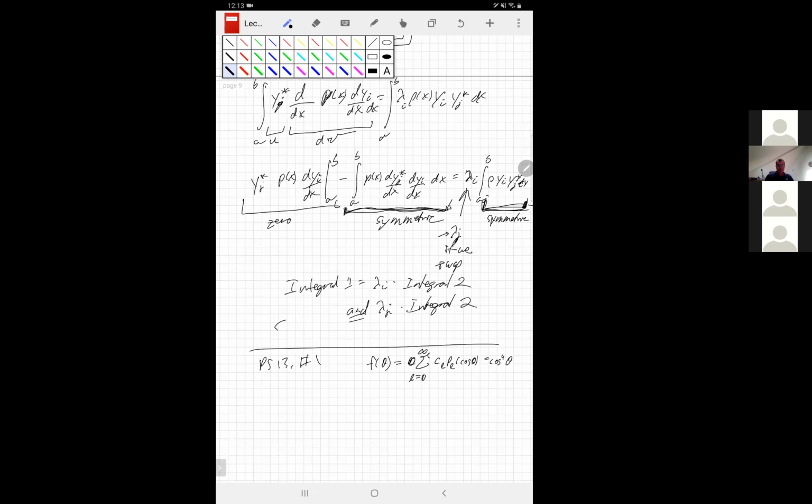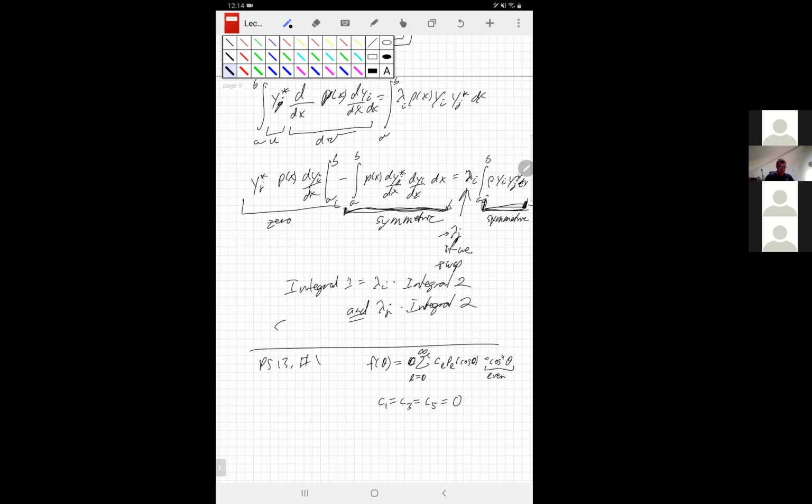And so I asked you for the first several coefficients. Well, first of all, this is an even function, which means it can only contain even Legendre polynomials. It won't have any of the odd Legendre polynomials. So I can immediately conclude that C1 equals C3 equals C5 equals 0.